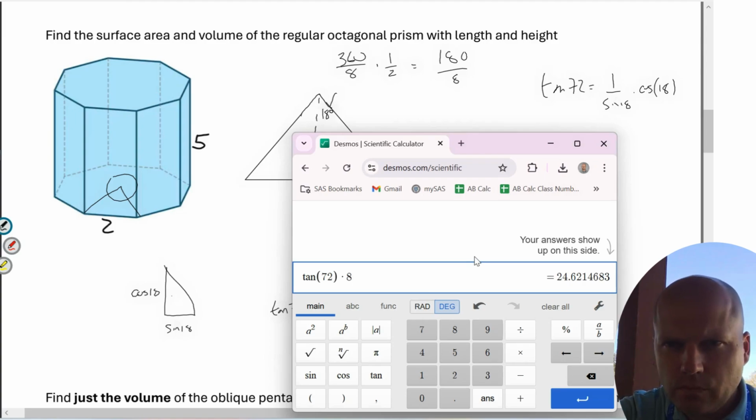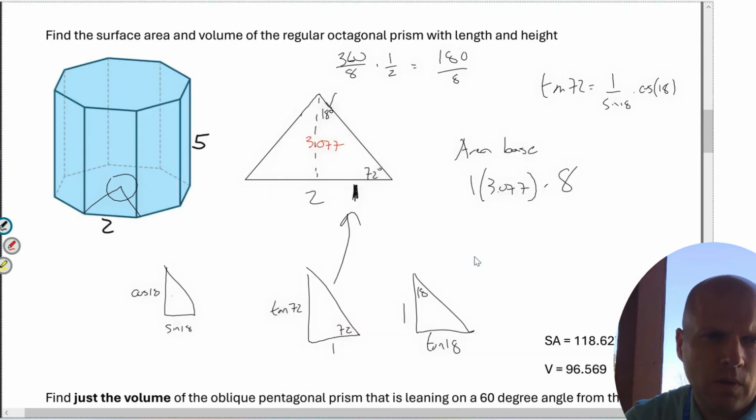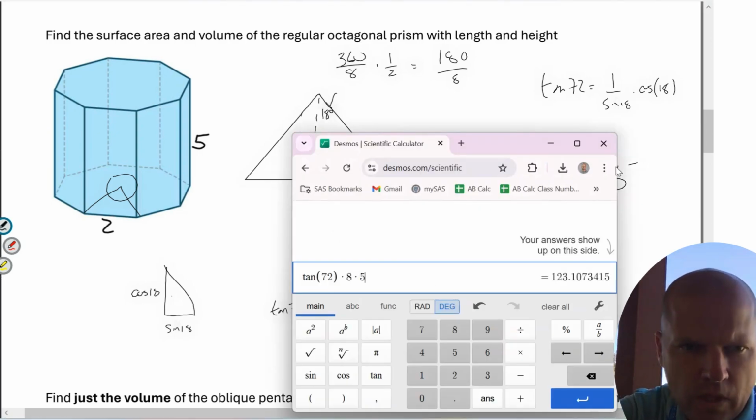Cool. Times the height of 5. And I get this 123.107.